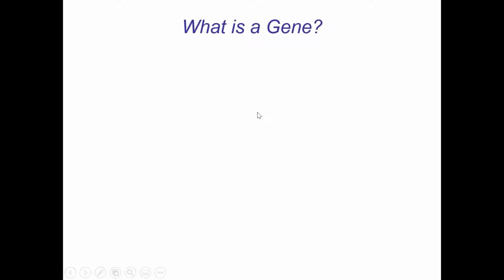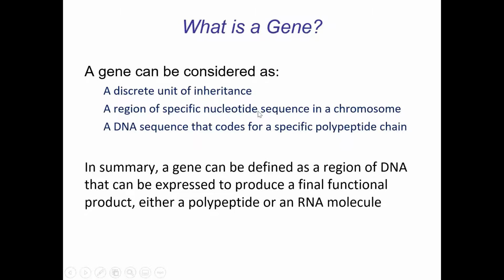So let's talk about what is a gene, okay? Here are some definitions of a gene. You can think of a gene as a unit of inheritance. So often we talk about people having the gene for, let's say, blue eyes or green eyes or brown eyes, right? Or the gene for blonde hair or red hair. That's a unit of inheritance, something that we can see or measure.